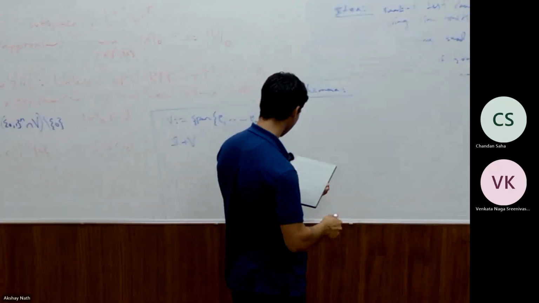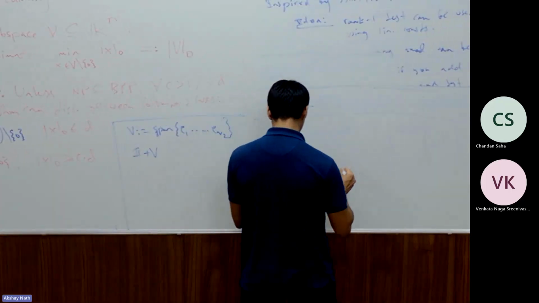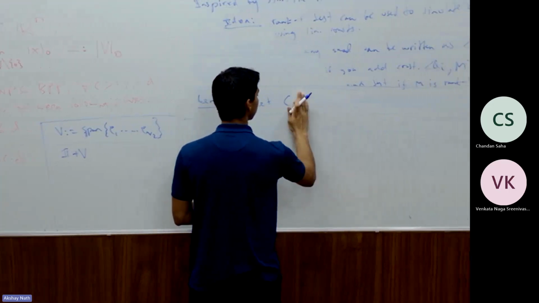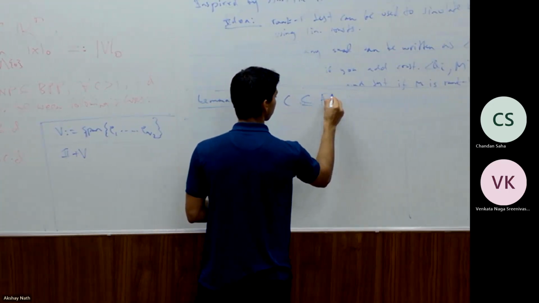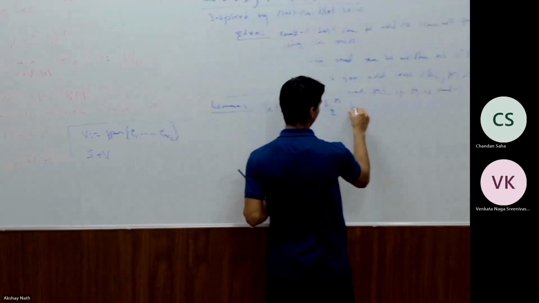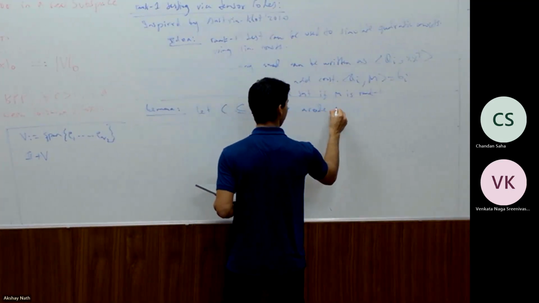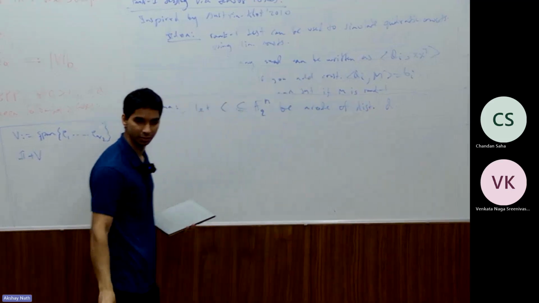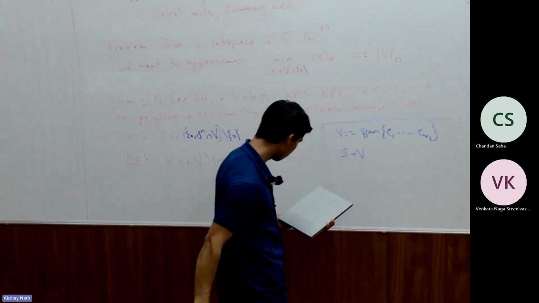Good. So the lemma is the following. Let C be a code in a finite field of distance d. So you have some good code.